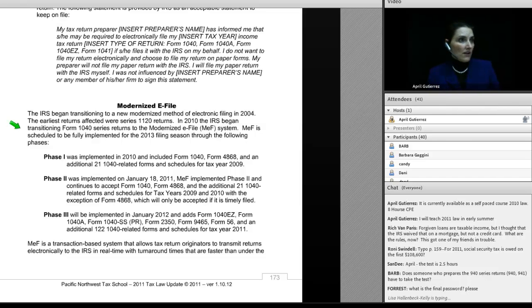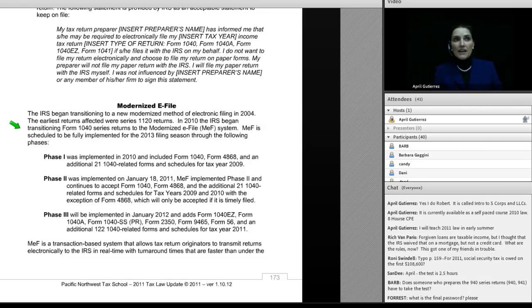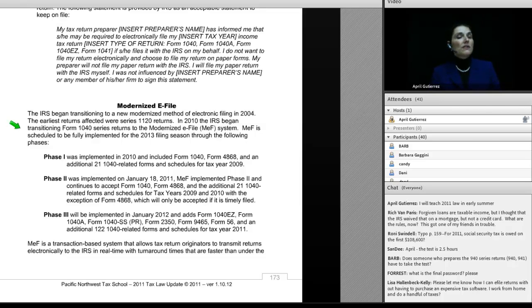The other thing that's going on is that if you need to amend a tax return, the window is opening up in the near future where it will be possible to electronically file amended tax returns. It is already possible to electronically file amended corporate and partnership returns. At the individual level, it may or may not be possible.